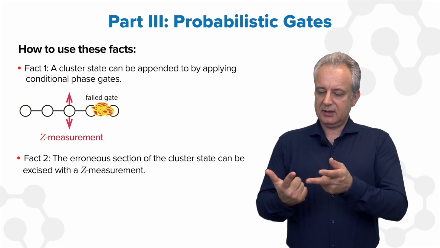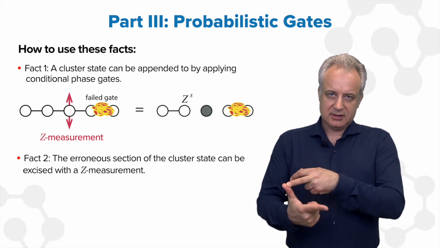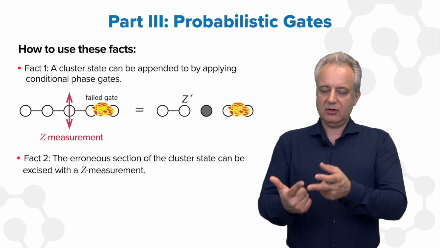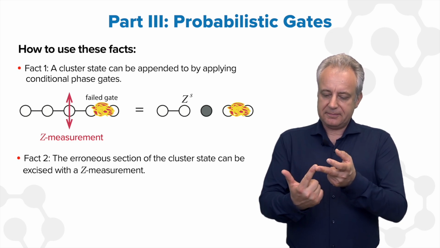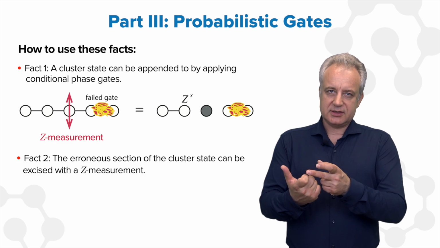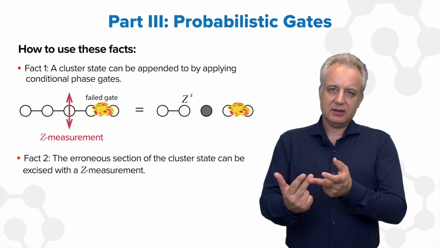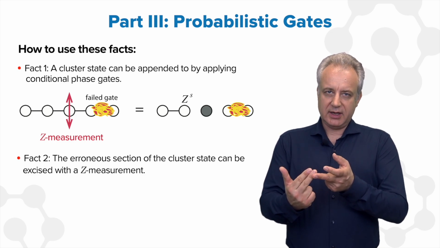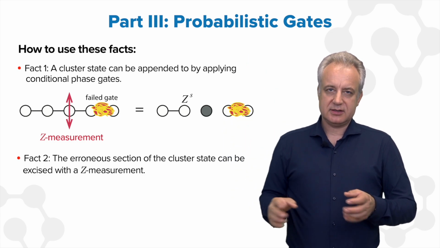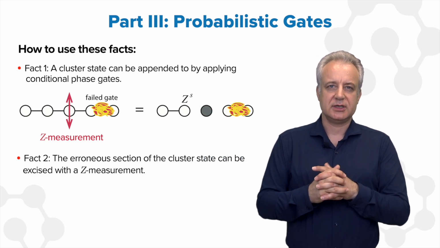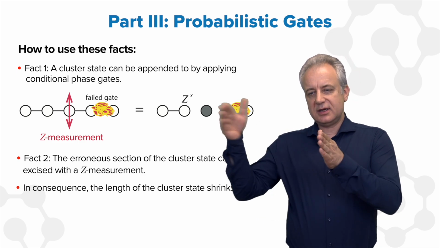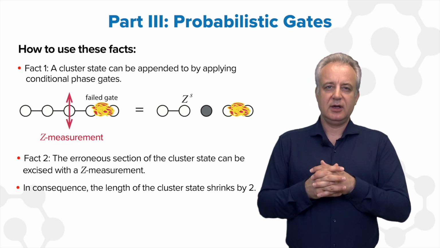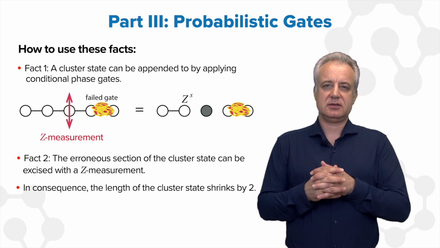So we are losing the qubit that was appended, or that we wanted to append. We are losing the qubit from which we have been trying to stitch on, and we are losing the qubit that we had to measure in the Z basis to cut off this faulty portion. So this means rather than extending the cluster state by 1, we are reducing the size of the cluster state by 2.